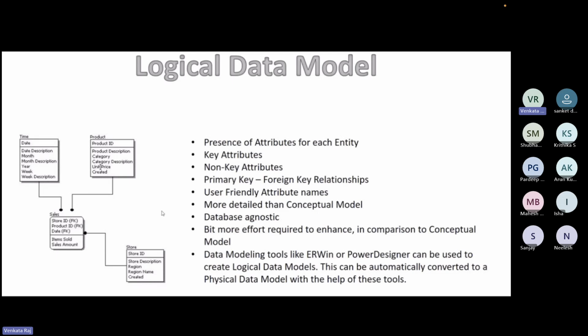Like unit price. Unit price is specific to products. It is not available in any other table, right? Region is specific to store. It is not present in any other table. So the columns that are unique to that table will be non-key attributes. Primary key, foreign key relationships, user-friendly attribute names. Like I said, this is still a blueprint.